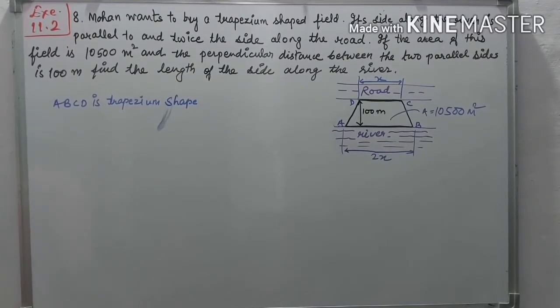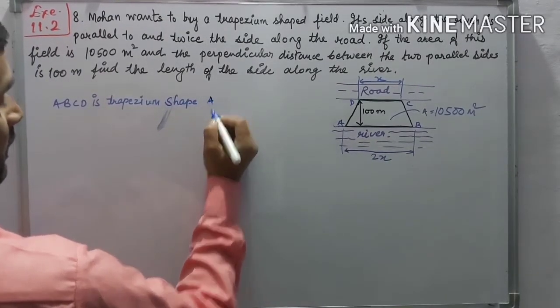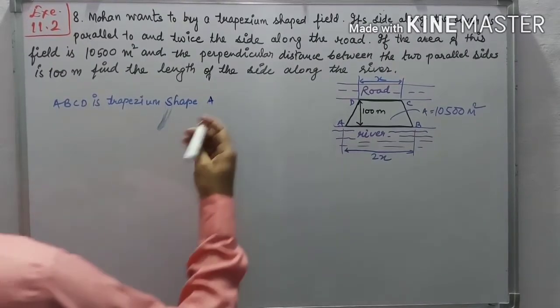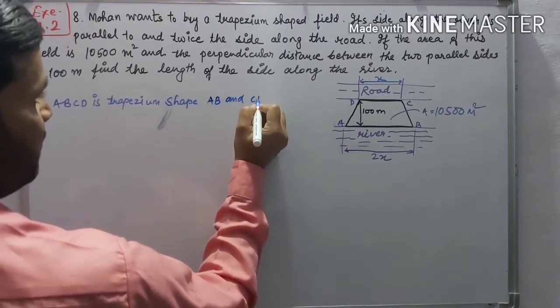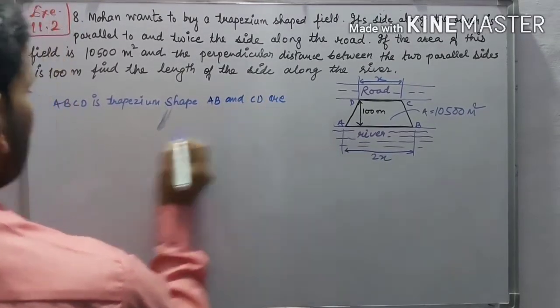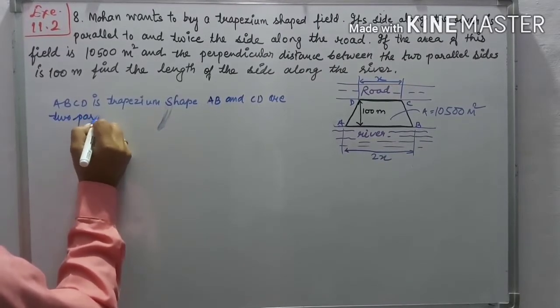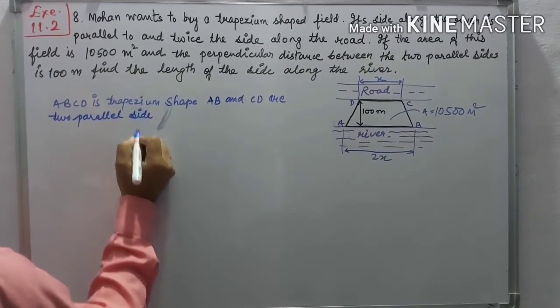That means there are two parallel sides: AB and CD are the two parallel sides.